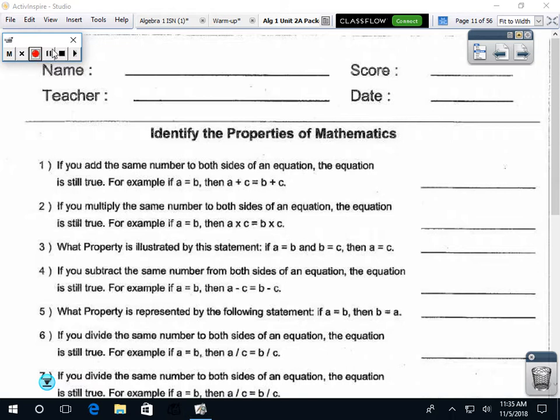Okay, so everybody pay attention. By now you should have out your packet. Turn to page 5.